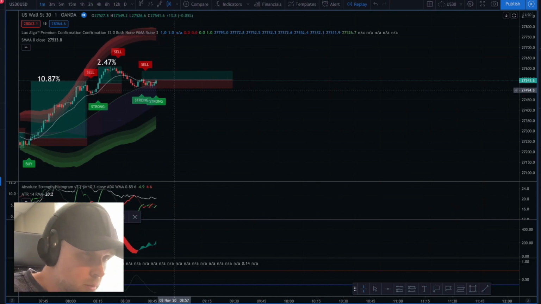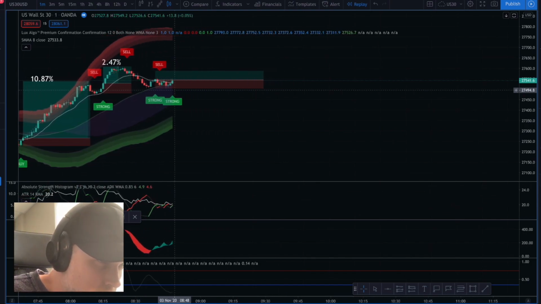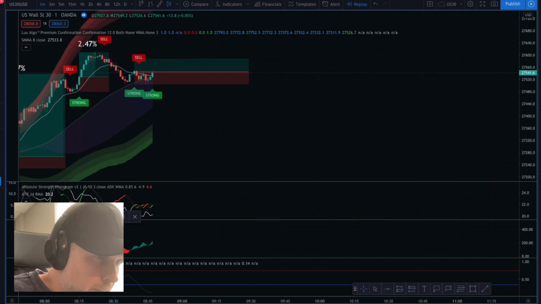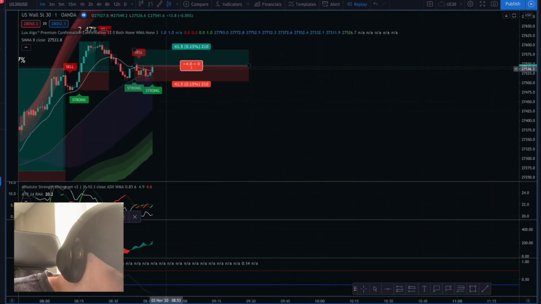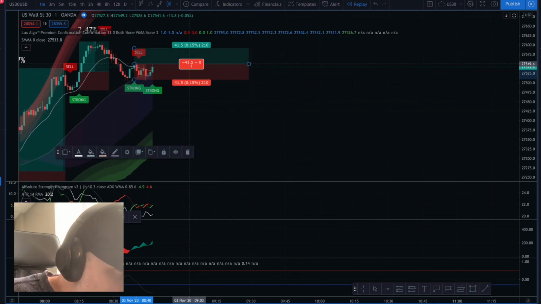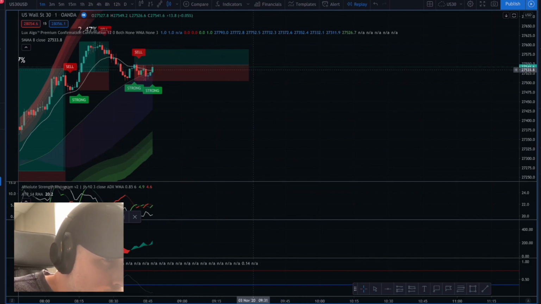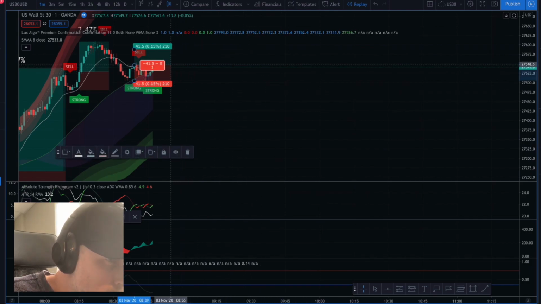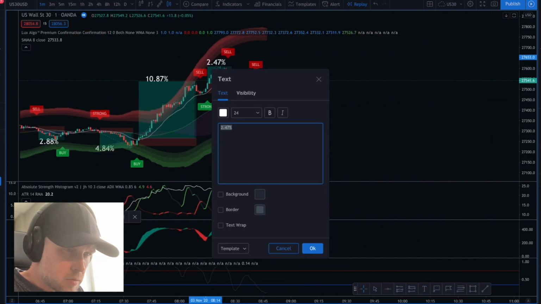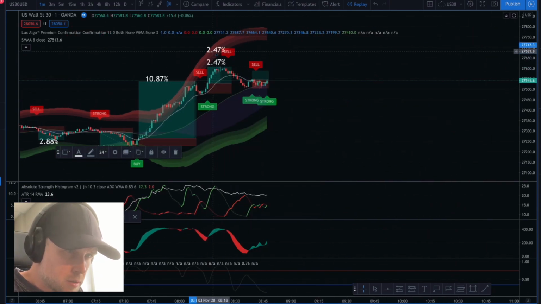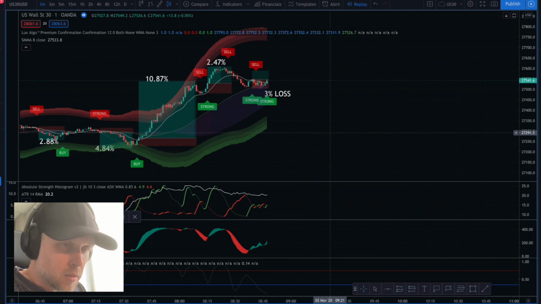Let's just zoom in a little bit and see whether my entry was accurate. No, okay, so I just have to move up my entry just a bit. Yeah, so that would have stopped me out at a full 3% loss. So yeah, that's a 3% loss. And let's move on.